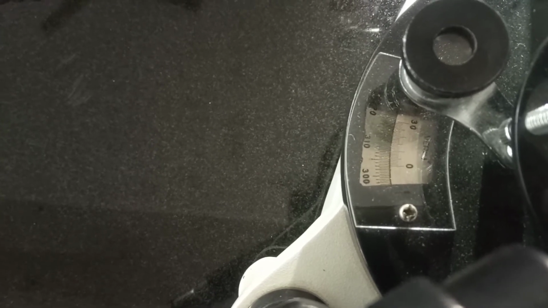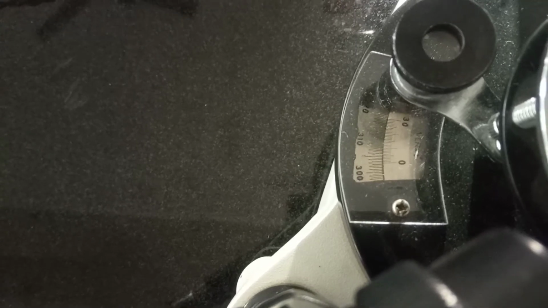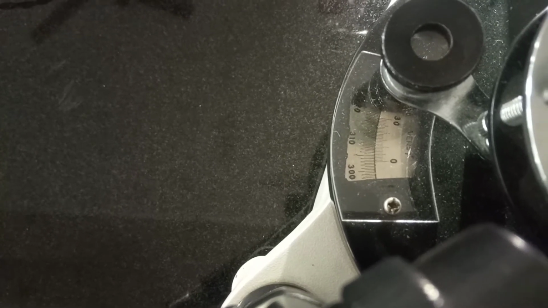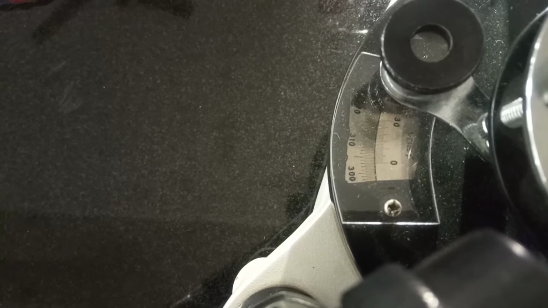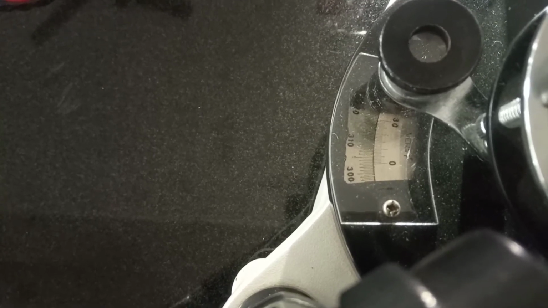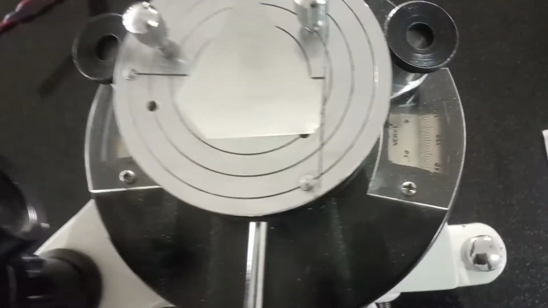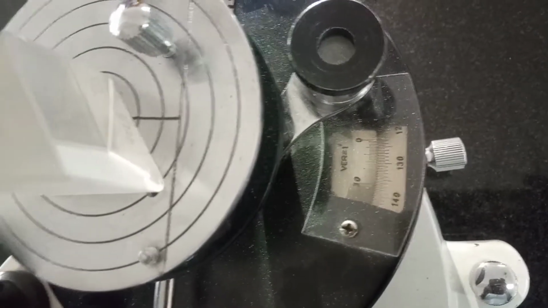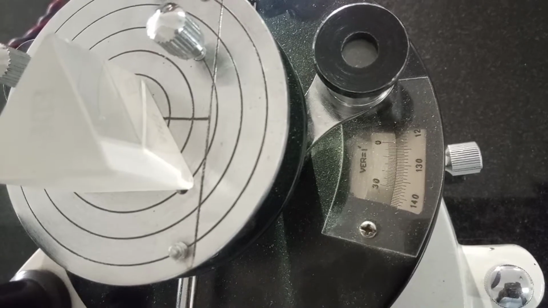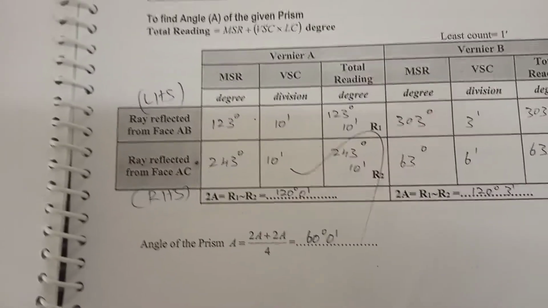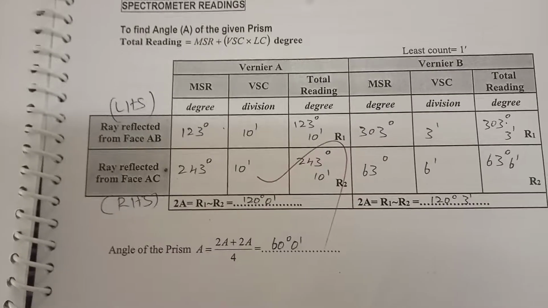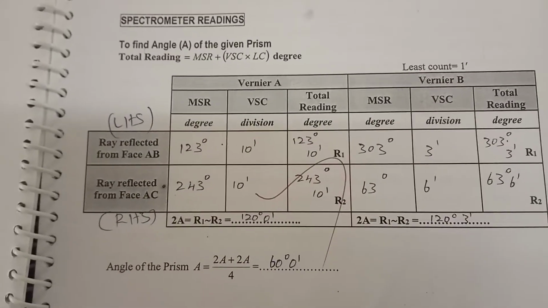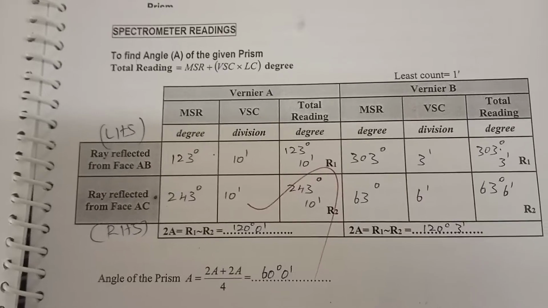Actually in the vernier scale there are 30 divisions, 0 to 30. You can see the top side of the vernier scale. So there are 30 divisions. The third division is coinciding with the main scale division, that should be noted as 3. And for vernier A, the 10th division of the vernier scale is coinciding with the main scale. So this is the value 123 degree 10 minutes, and for vernier B 303 degree and 3 minutes.